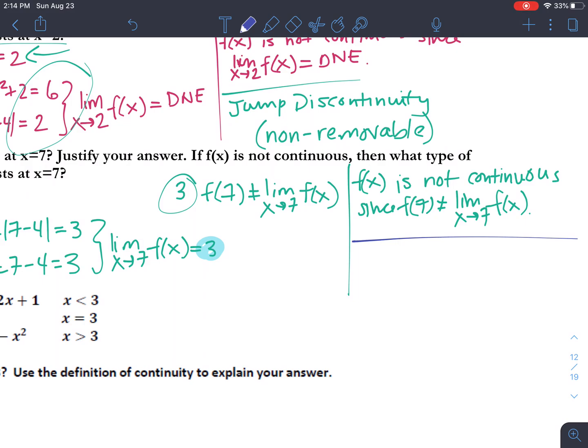Okay, and the last thing here just says, what type of discontinuity would it be? We just kind of discussed this. This would be a point of discontinuity, because the limit existed, but it just wasn't equal to the function value. So it was a hole in the graph with a darkened circle somewhere else. And again, this is called a removable discontinuity in case that comes up.